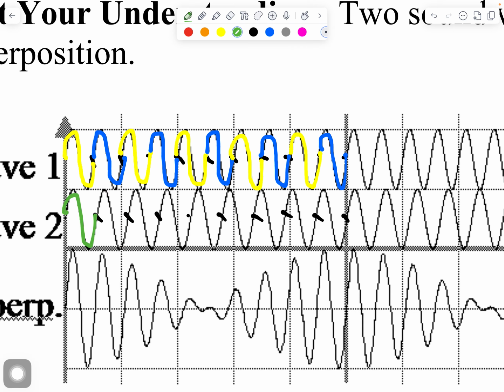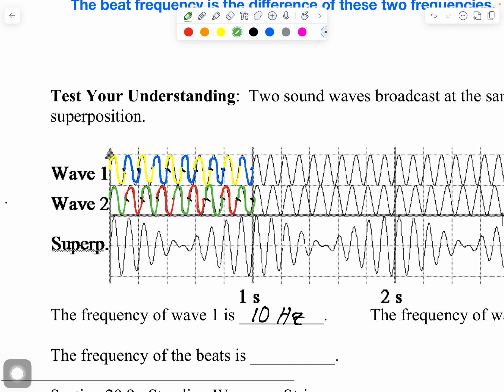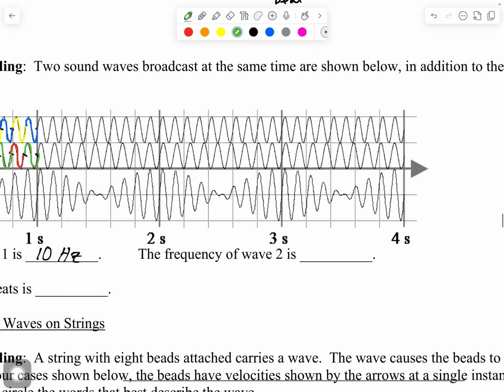Okay, so wave 1, wave 2, wave 3, 4, 5, 1, 2, 3, 4, 5, 6, 7, 8, 9. So I'm looking at one less cycle in the same 1 second time interval.